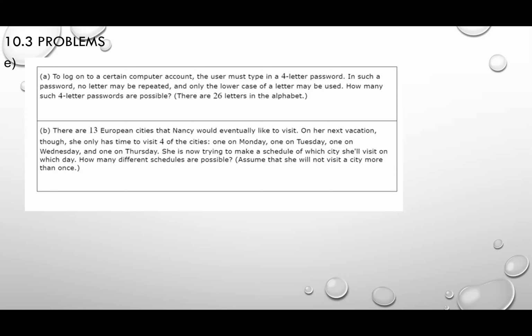So if you determine it is a permutation, you can see that we have 26. They told you that there are 26 letters, which is your total items you can choose from. And how many are we choosing from 26? We are choosing 4. Do you agree that we have 26P4? And why permutation?